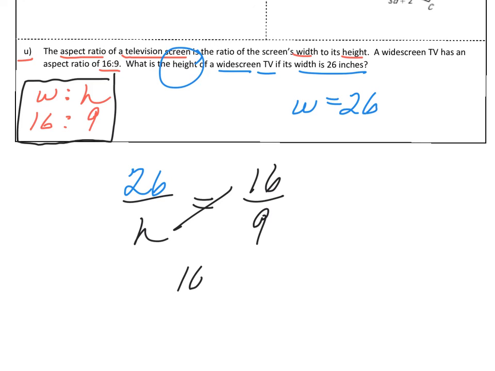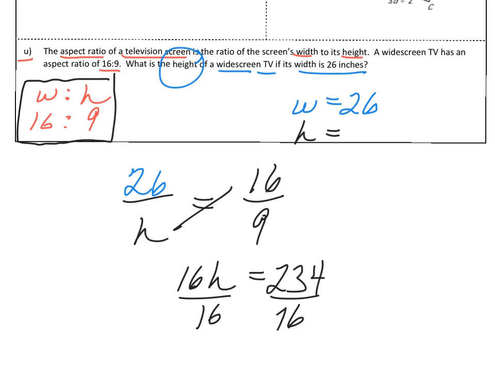I'm going to end up with 16h equals 234. And lastly, I just need to divide by 16. So in this case, if my width is 26, my height is going to be 14.625. And I'm dealing in inches.